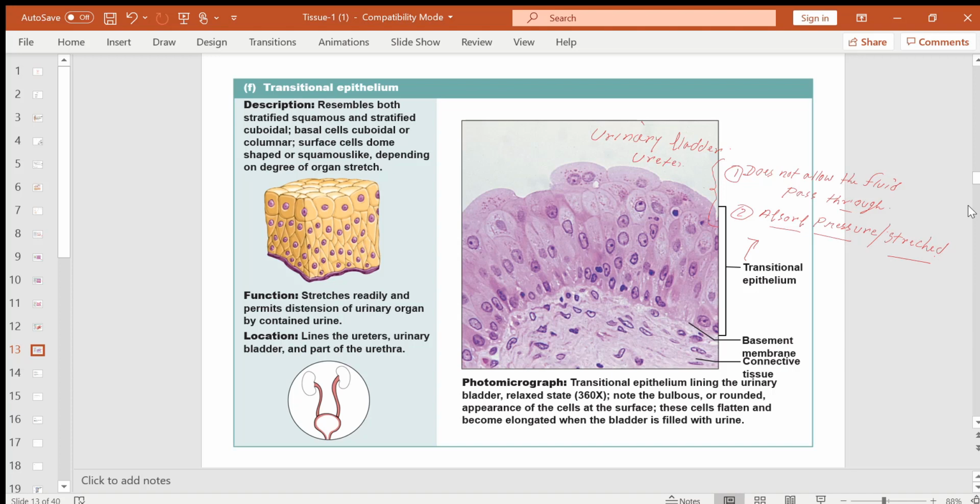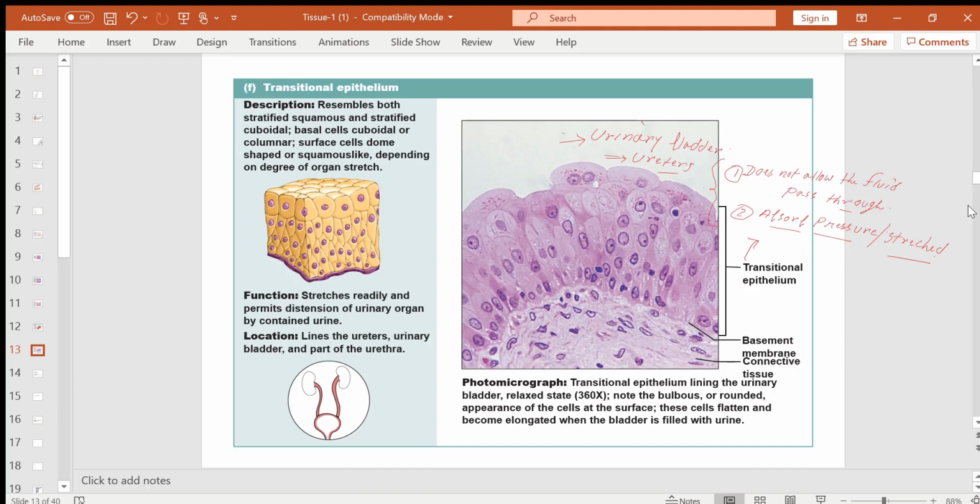Inside the urinary bladder, urine is stored, and also inside the ureter, urine is always present, because ureters are the tubes that transport the urine from the kidneys to the bladder, right? So in these two organs, you always have urine inside.